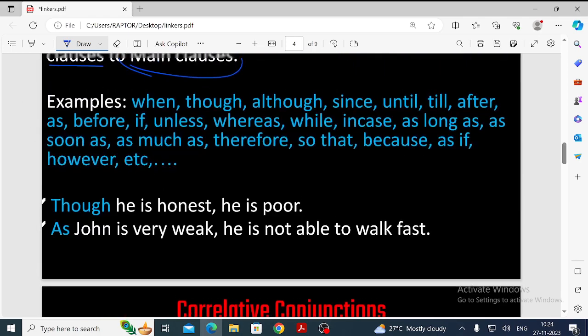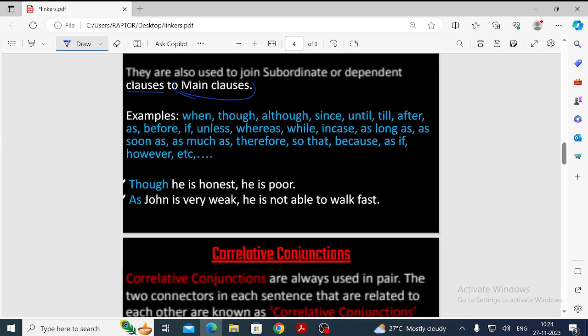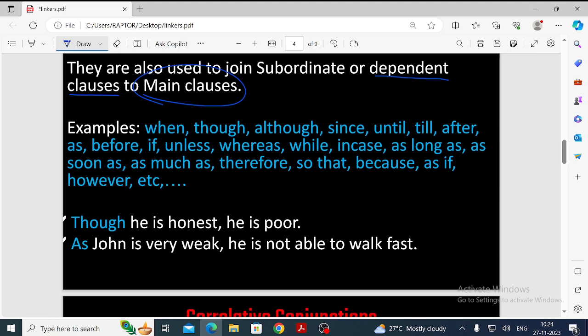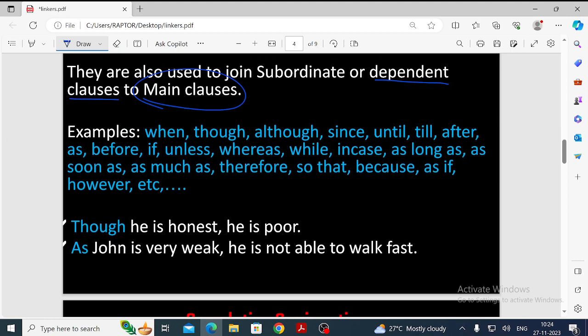See the word that, see the sentence here. See that when we have joined with the subordinate clause, 'though he is honest', another sentence, 'as John is very weak', what happened to him? Do you understand? Without the other sentence, it does not give any complete meaning.